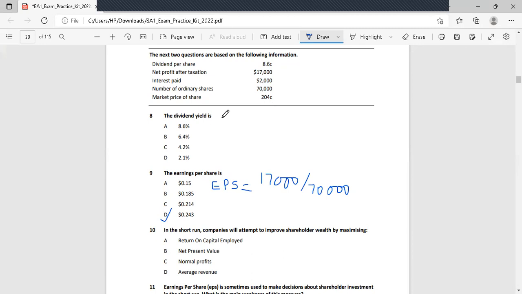So the dividend yield ratio is equal to 8.6 divided by 204 into 100. Which option? C, ma'am. C, 4.2. Okay.